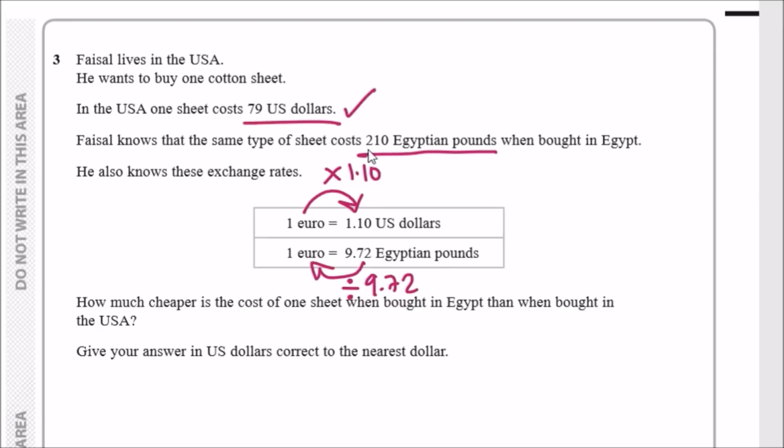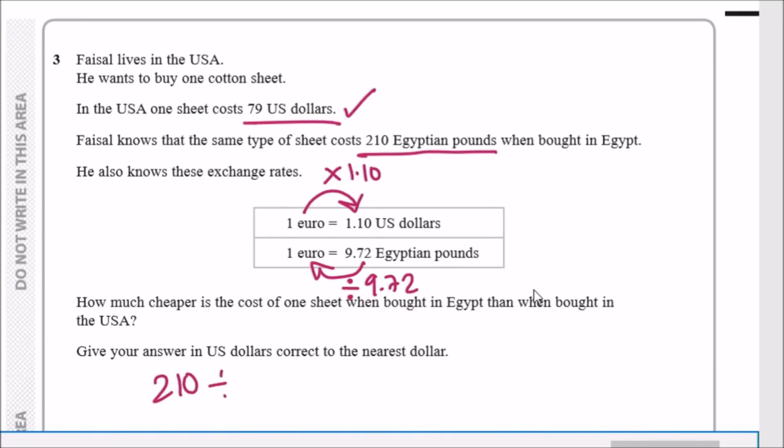So in your calculator, write 210 divided by 9.72. I'll write the steps here as well. So 210 divided by 9.72, and this should give us, you could leave it as a fraction actually.